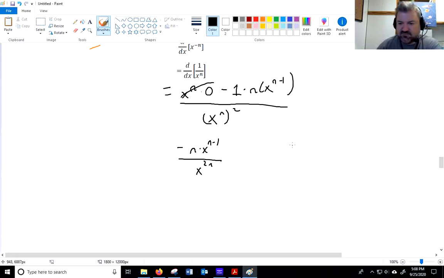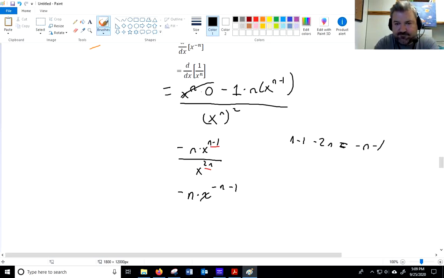I'm going to do just a little bit of scratch work here. Because remember, when you have the same base and you want to simplify division, you subtract the exponents. So this is equal to negative n minus 1, right? So this is negative n times x to the negative n minus 1.